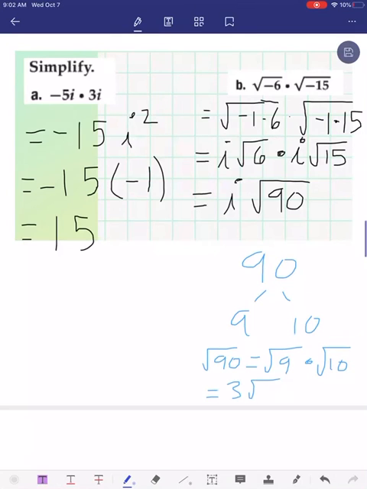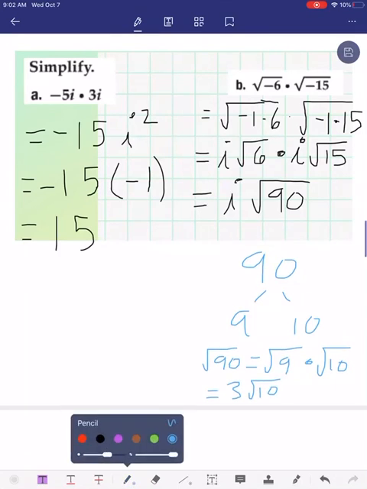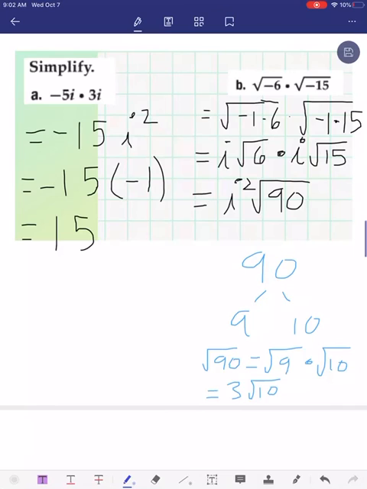So we get 3 square roots of 10. Now, we know that i squared from our chart is -1. So we're going to replace our i squared with a -1 and our square root of 90 with 3 square roots of 10. So our final answer is going to be -3 square roots of 10.